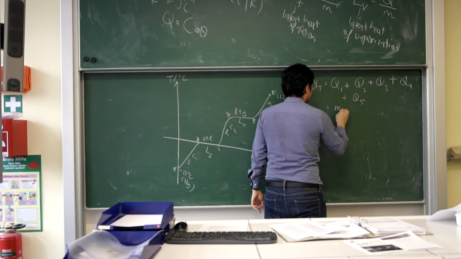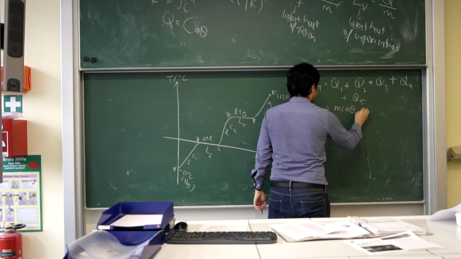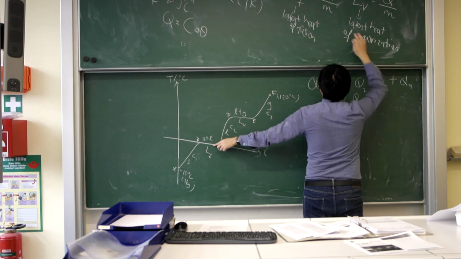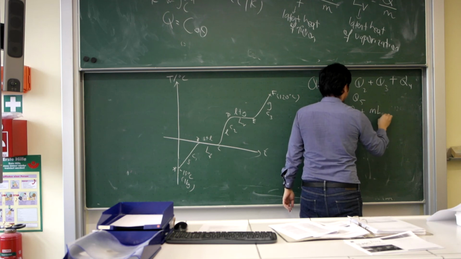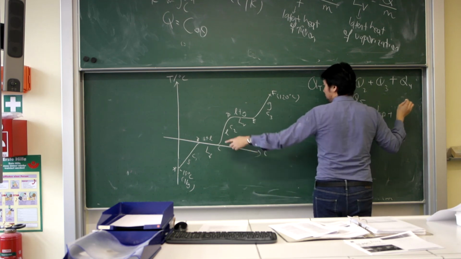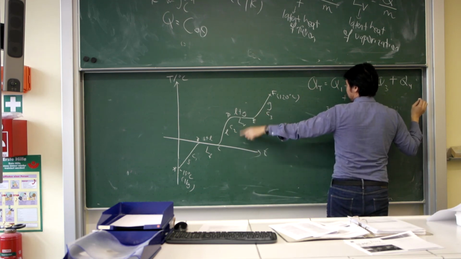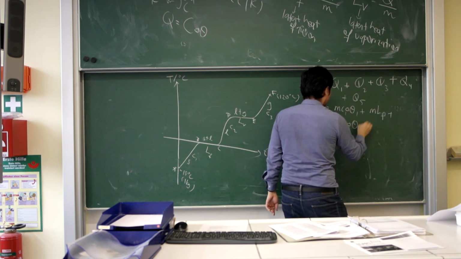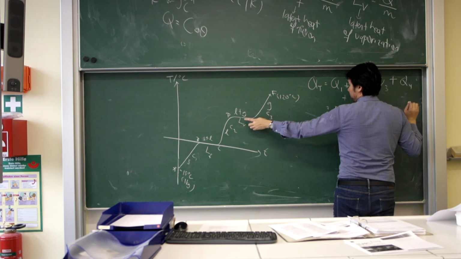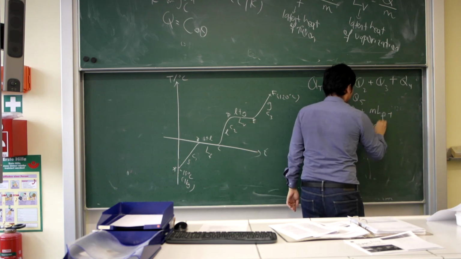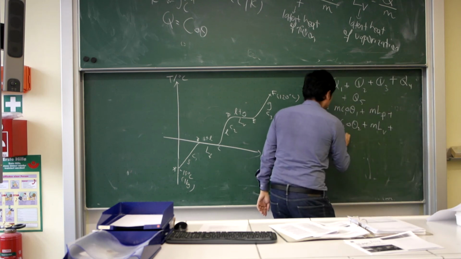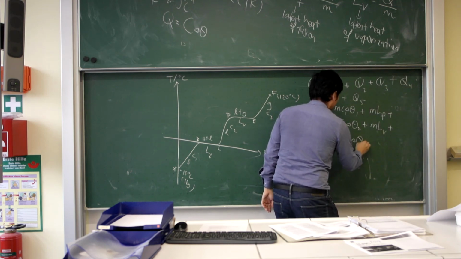So mc1 delta theta 1. What is Q2 here? mL, that's right. mL fusion. What is Q3? mc, good, and it's c2. mc2 delta theta 2. What is Q4? mL, correct, mL vaporization. What is Q5? mc, alright, and c3 delta theta 3.